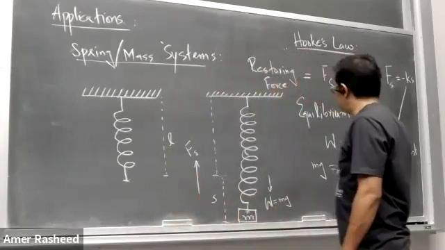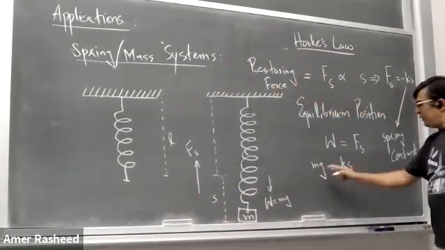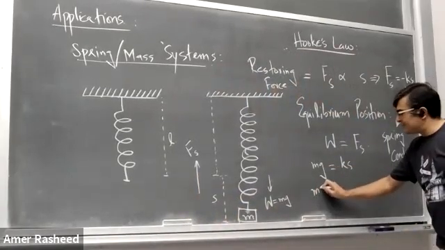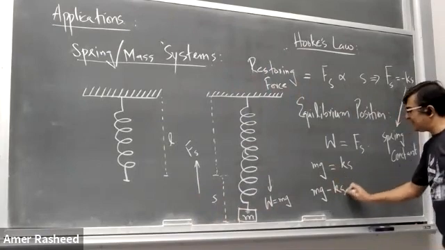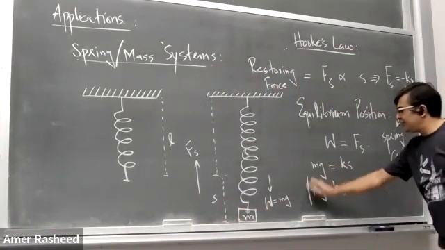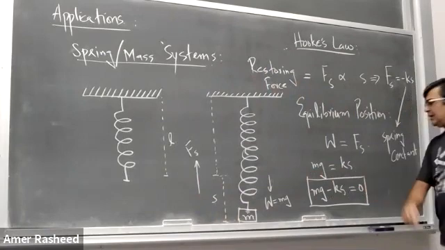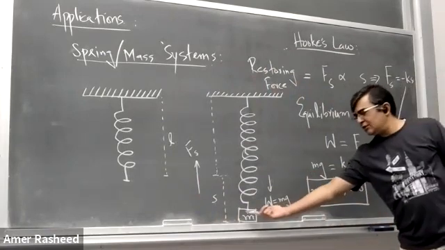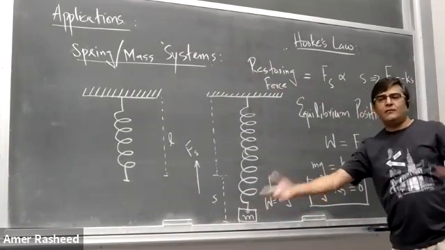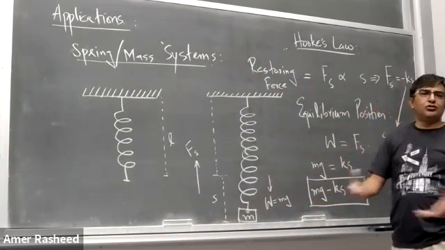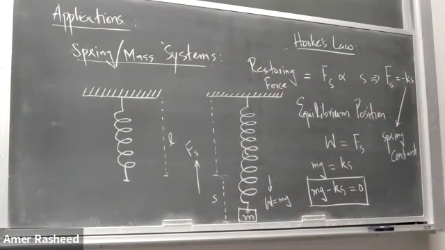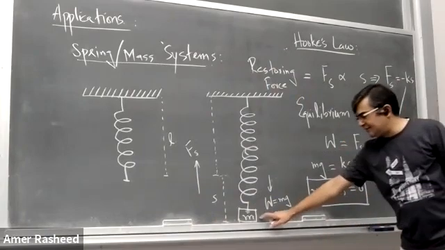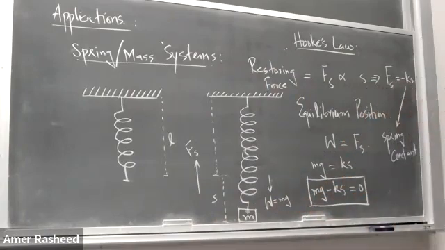They are equal, so when we take it to the other side, it becomes mg minus Ks, which is equal to 0. So this is the equation of the equilibrium position of this object. When it is at the equilibrium position, there is no motion in this object. So we call it equation 1.